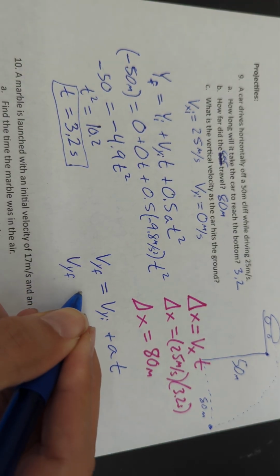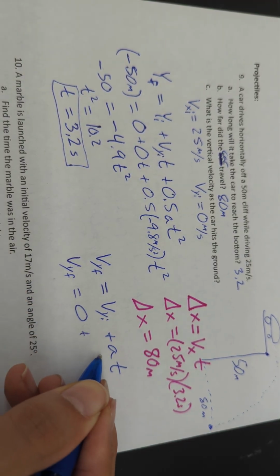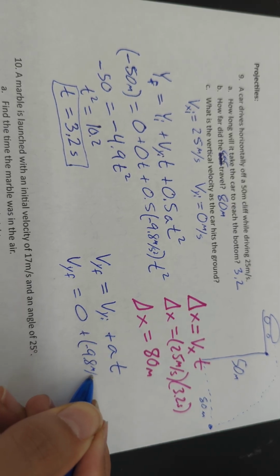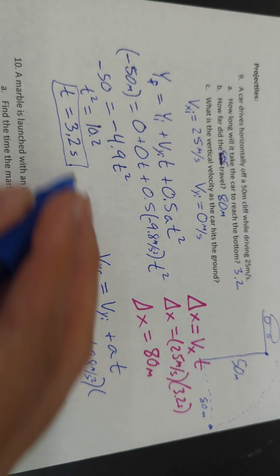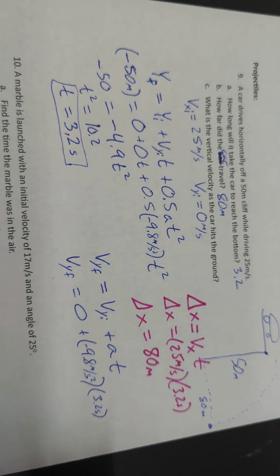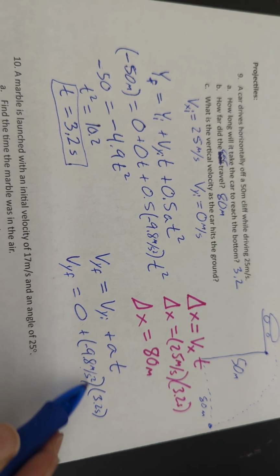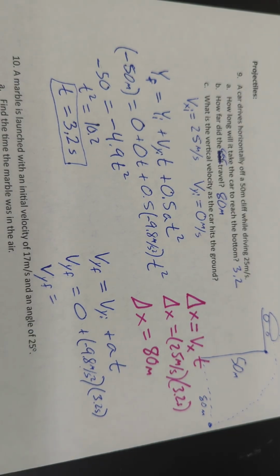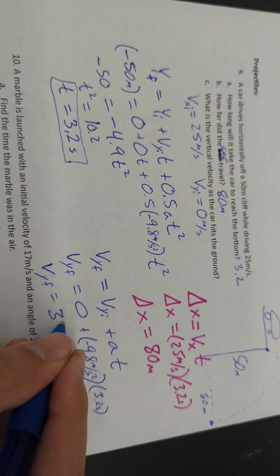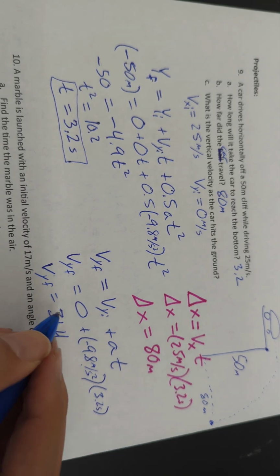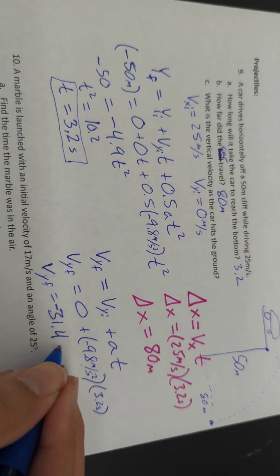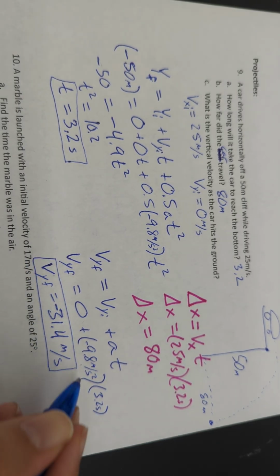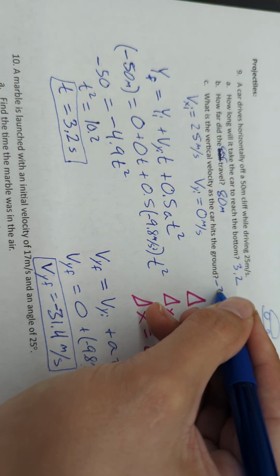We're looking for Vyf equals 0 plus that acceleration, negative 9.8 meters per second squared, times the time, 3.2 seconds. And it looks like you just have to multiply these two numbers and you get your velocity over here. 9.8 times 3.2 is about 31.4. Oh, forgot the negative. Don't forget the negative. Negative 31.4 meters per second. So 31.4 meters per second in the downward direction. That's pretty quick.